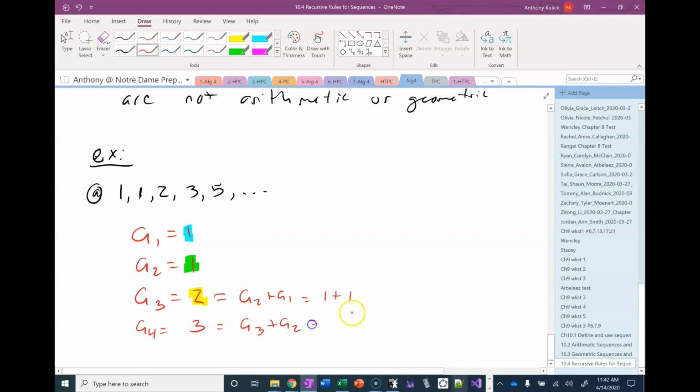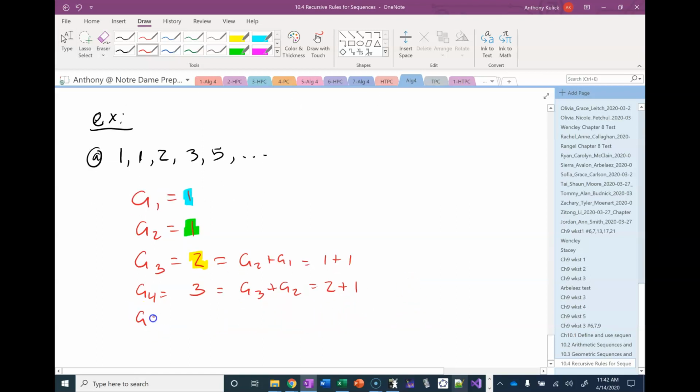That'll help us recognize the pattern that's going on here. Let's see if this pattern holds. The fifth term is 5. Well, 5 is 3 plus 2, so it is the fourth term plus the third term. So it appears to me then my recursive formula is the previous term plus the term before that.